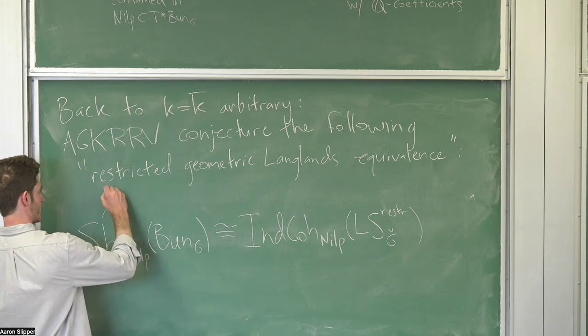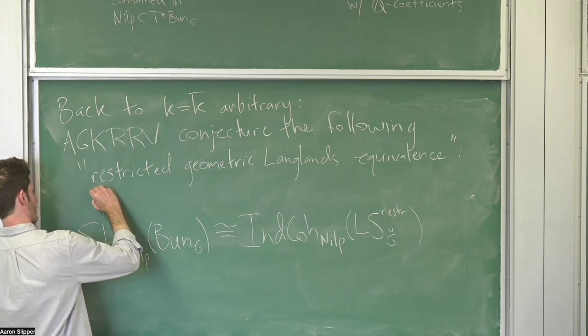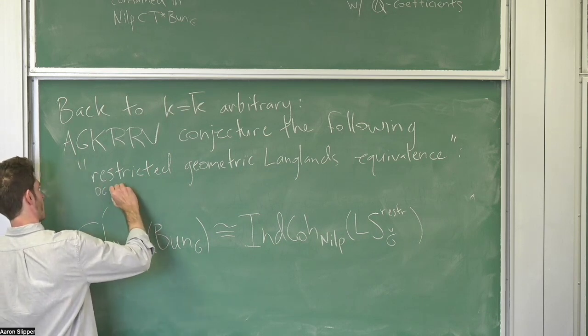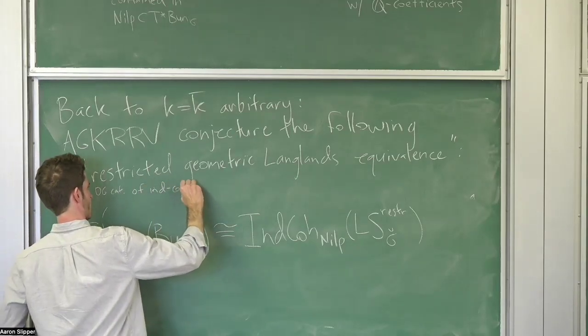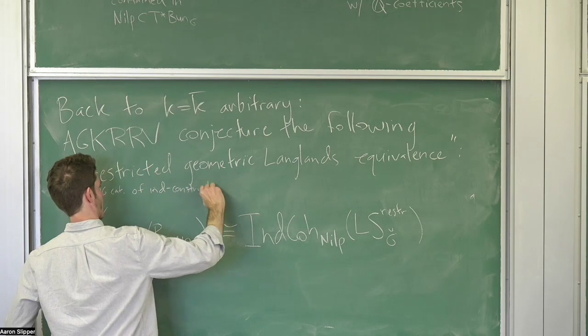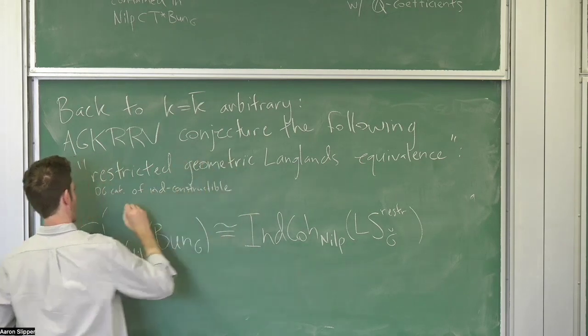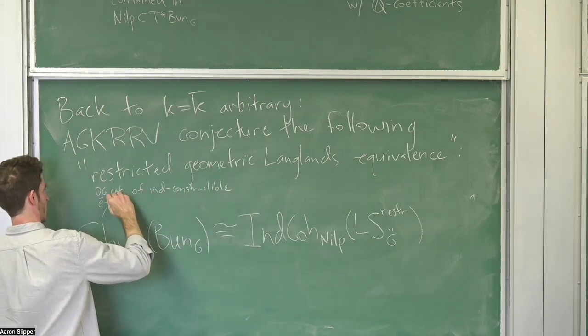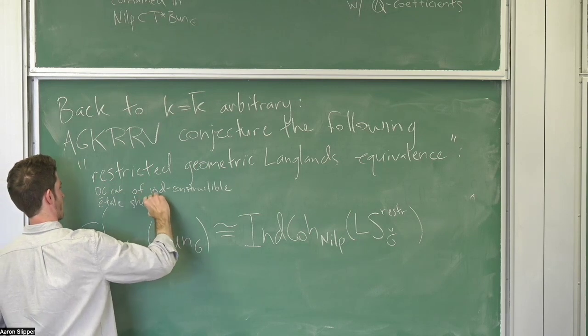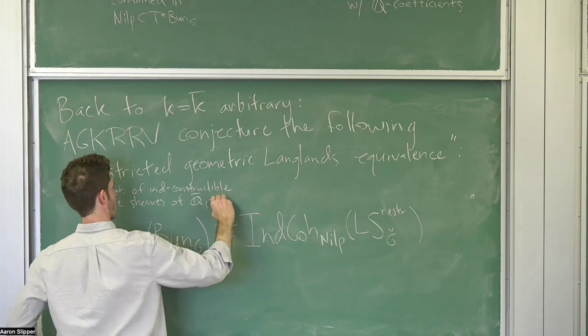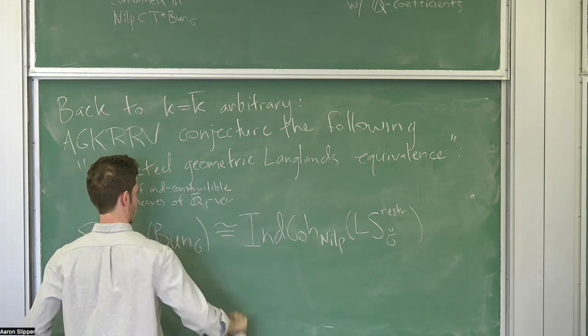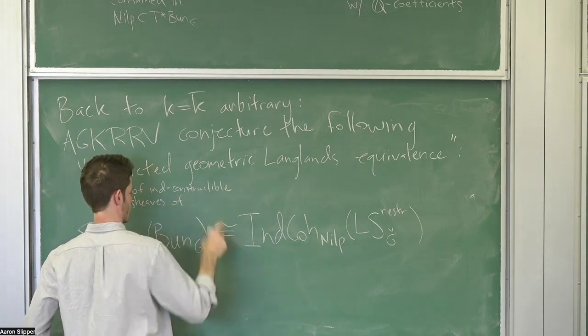So here, Sheaves is going to mean, again, the DG category of ind-constructible, because I really don't think you want to consider anything else in the Étale setting, ind-constructible Étale sheaves of Q_ℓ bar vector spaces. Just say with Q_ℓ bar coefficients.